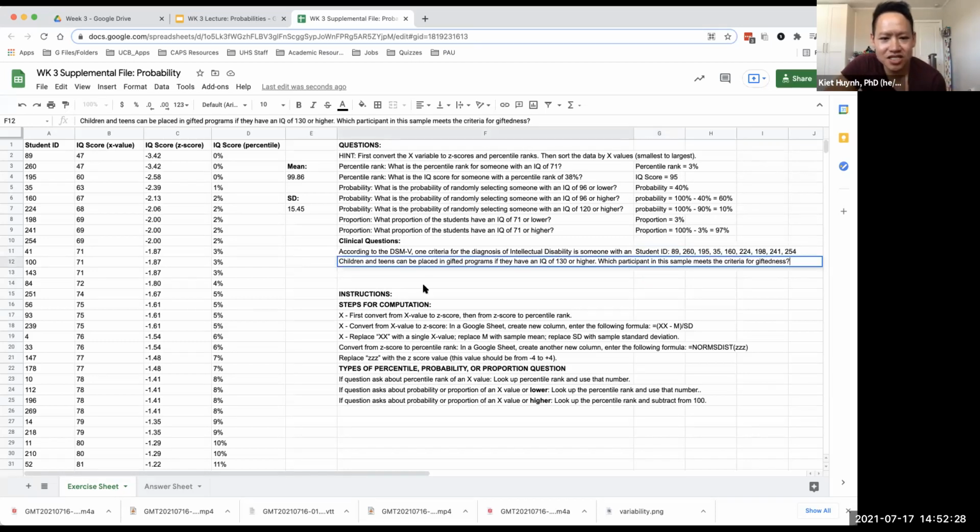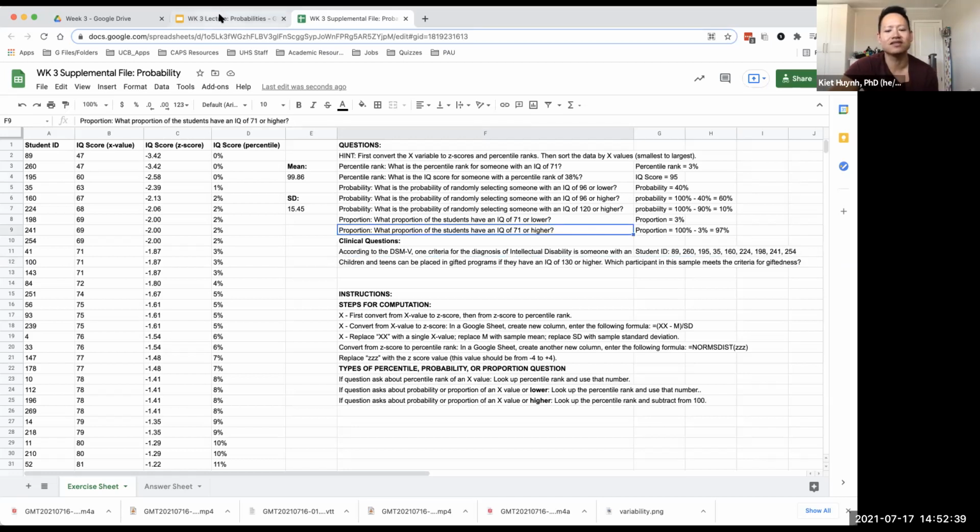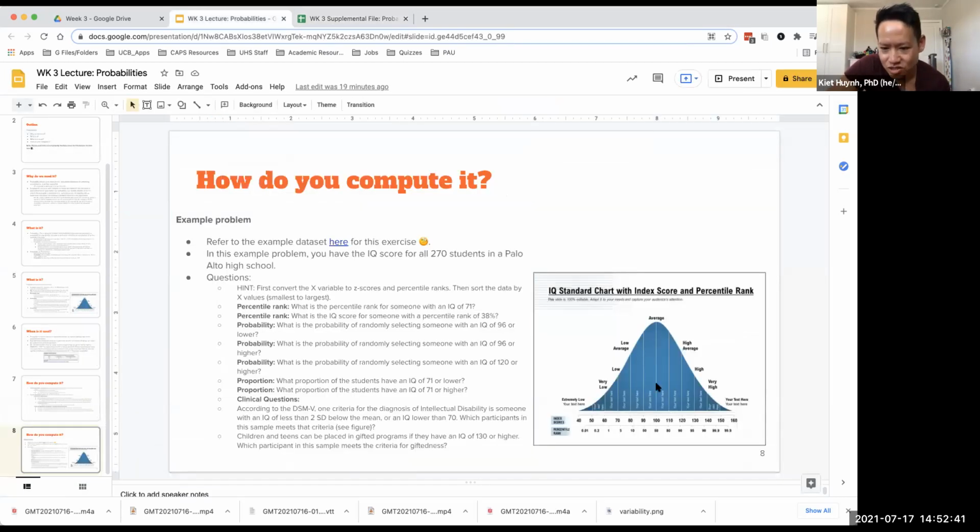Next question. Children and teens can be placed in gifted programs if they have an IQ of 130 or higher. Which participants in the sample meet the criteria for giftedness? Let's go back to our chart here. So 130 or higher would mean that the student has an IQ that's either high or very high.